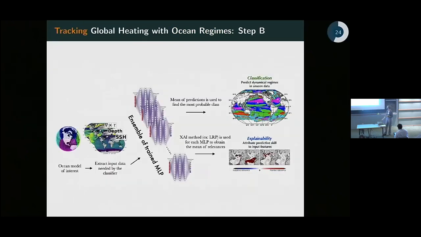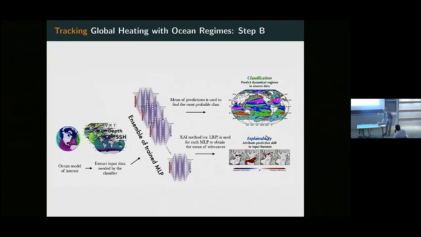And just going through this bit again, which also has this ensemble component to it. Effectively, what you can do now with this ensemble MLP is bring your own climate model. So take your model of choice, an ocean model, extract those three fields, run them through this ensemble MLP, and then take the mean of the predictions to find the most probable class.